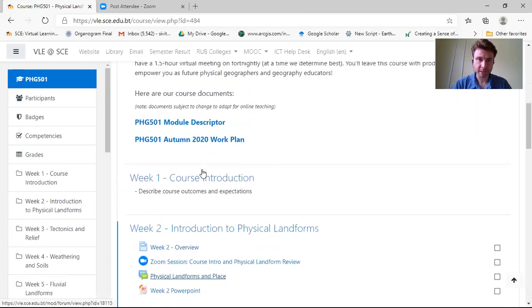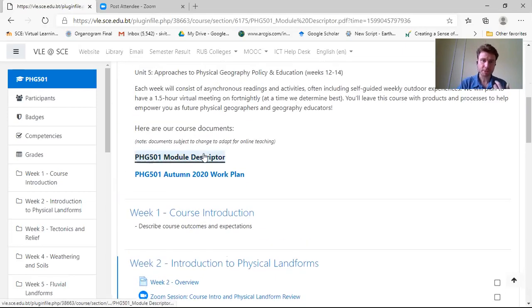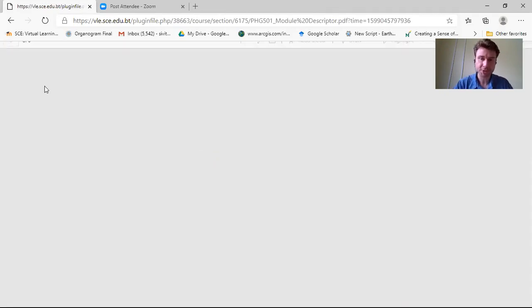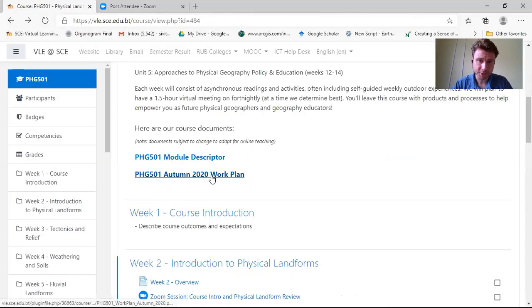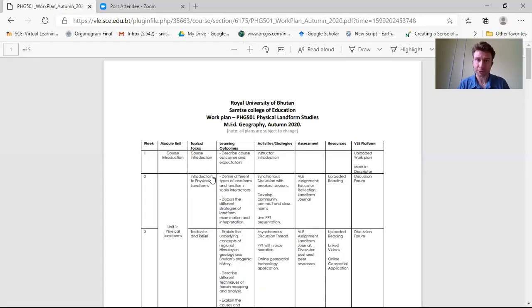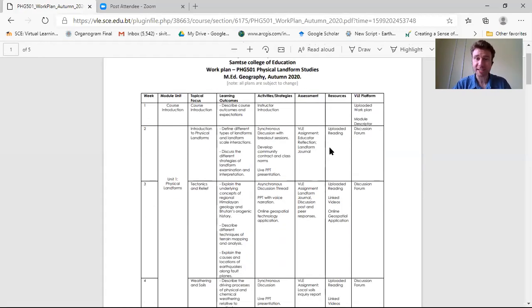Just to keep you aware, we have our module descriptor, so you can check out what this course would look like in person. But then we also have our work plan, which again is evolving and adapting going forward. To show you the outline of what this course looks like, you'll see we're going to have VLE assessments each week.